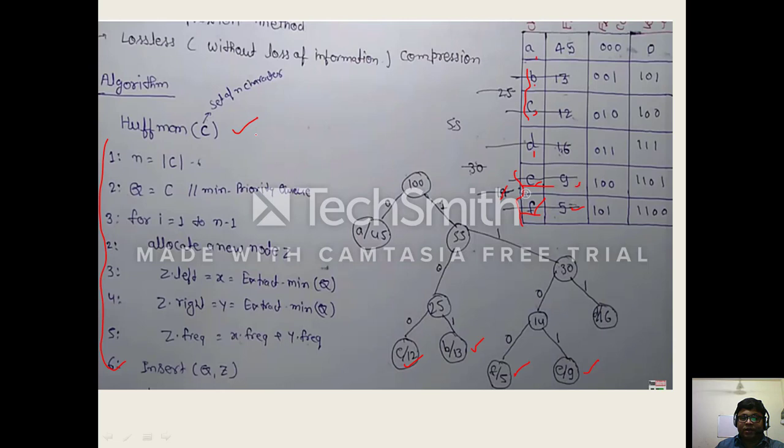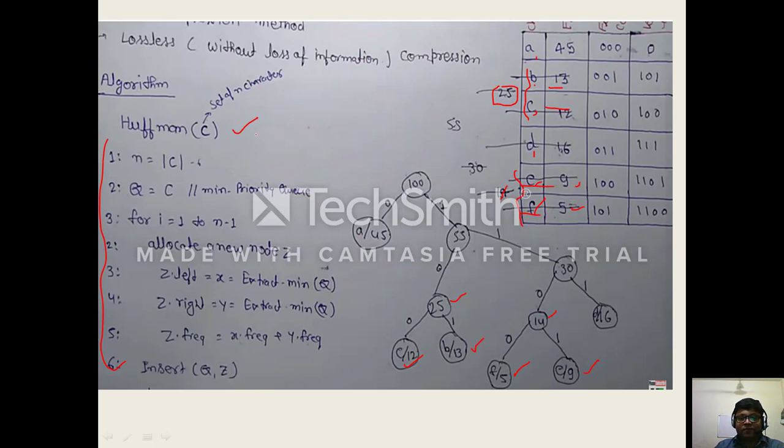The occurrence of both will be 25, and these two nodes will be removed from here. Now these four entries have been removed.